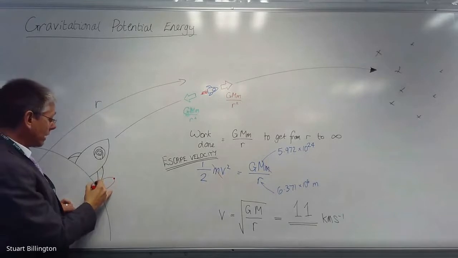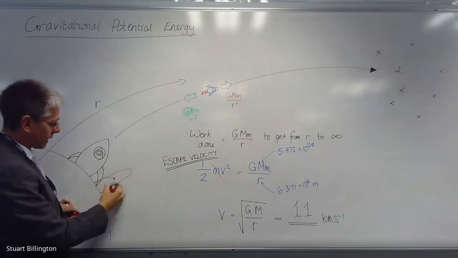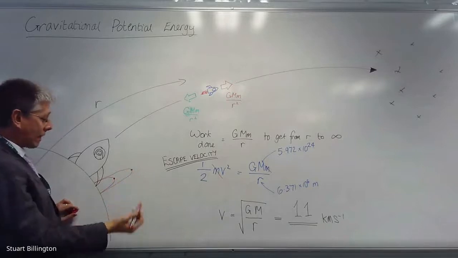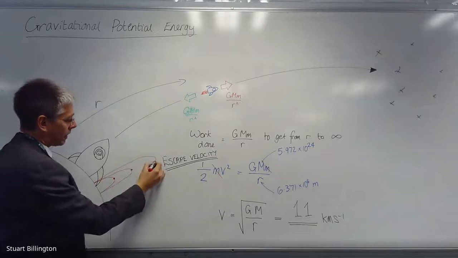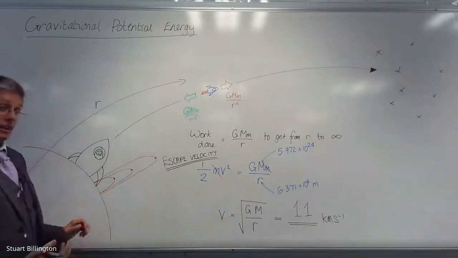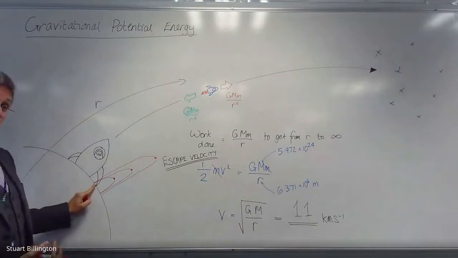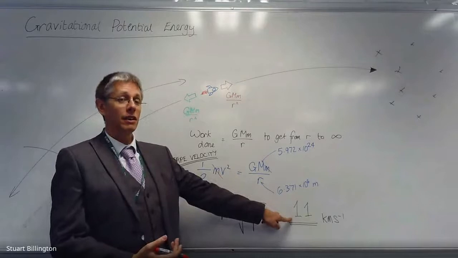Then you throw the ball a little bit faster and it goes a little bit higher before it falls back down. And then you throw the ball a little bit faster and it goes a little bit higher before it falls back down.